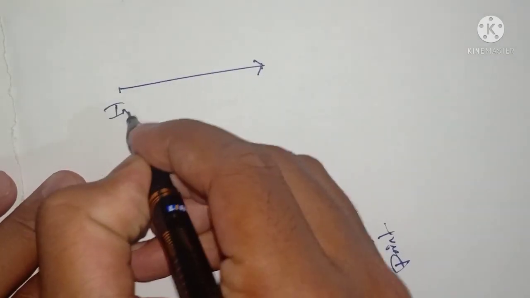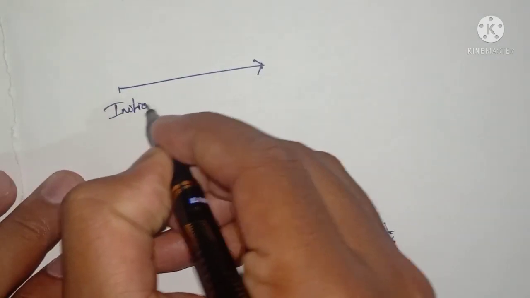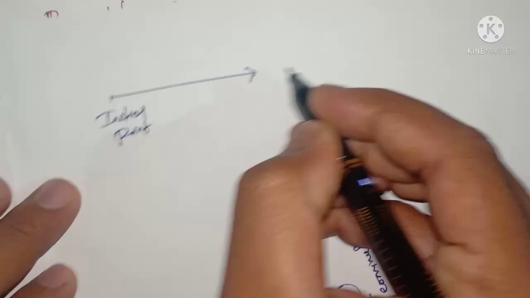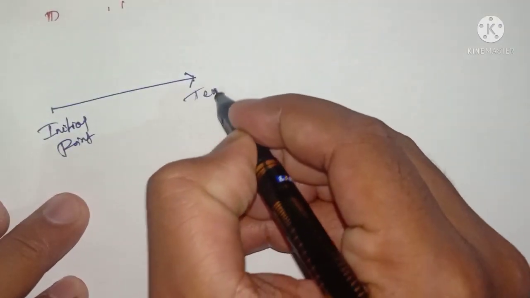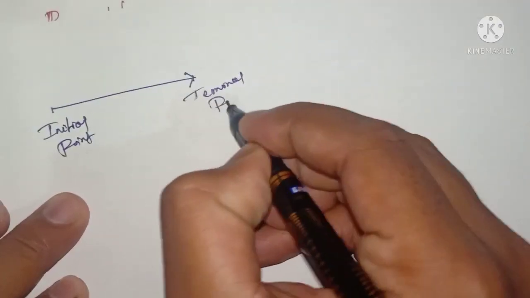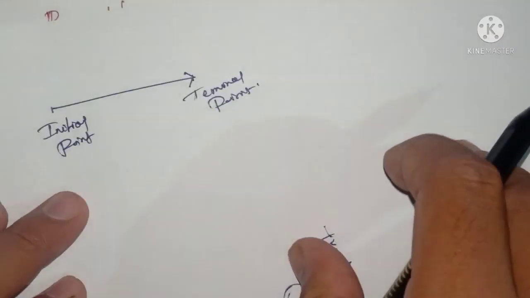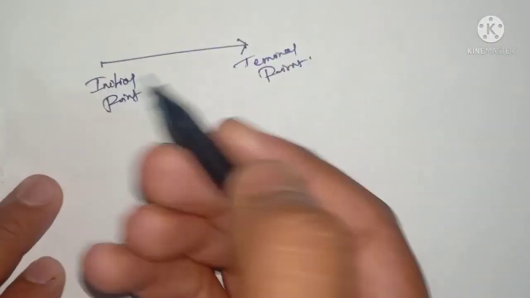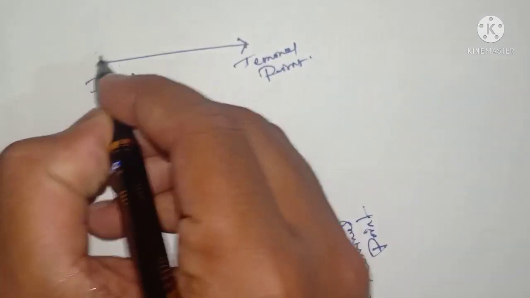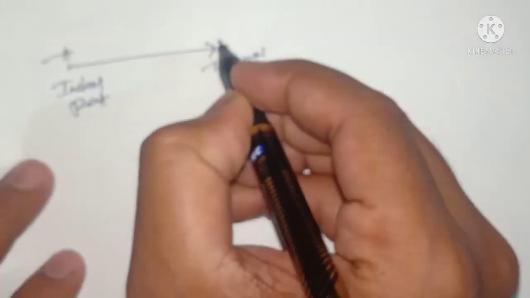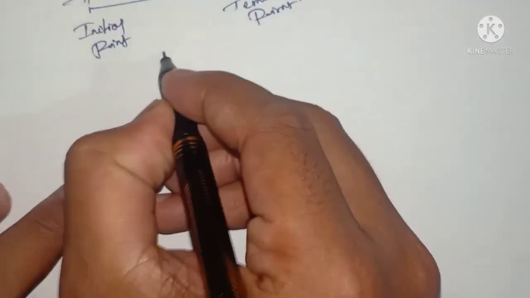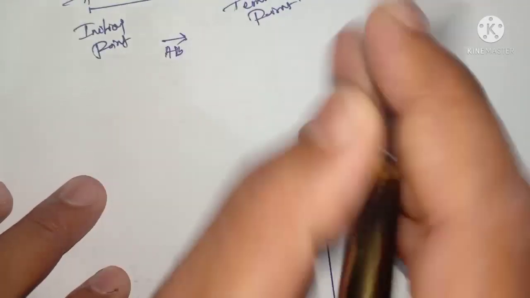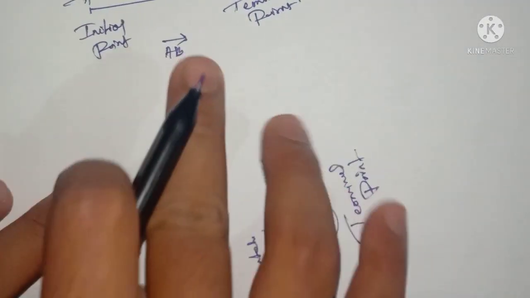So this is the initial point, and this is called the terminal point. If I place A here and B here, then I can say AB vector is the vector.